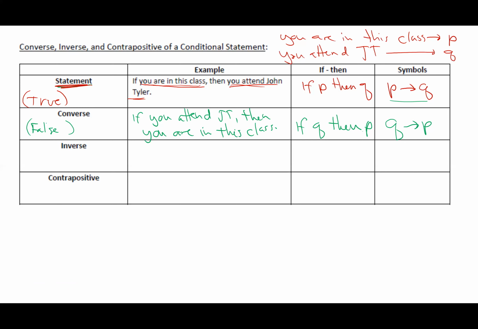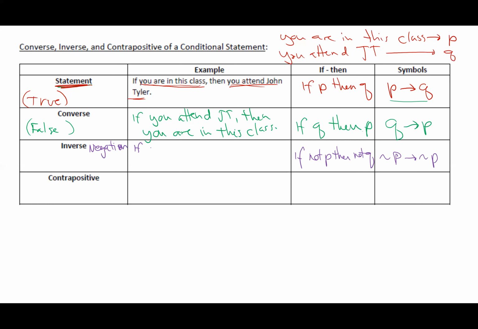All right, cool. Inverse. Another way you can think of this is a negation. The way you would say the negation is if not P, then not Q. How would that work linguistically?